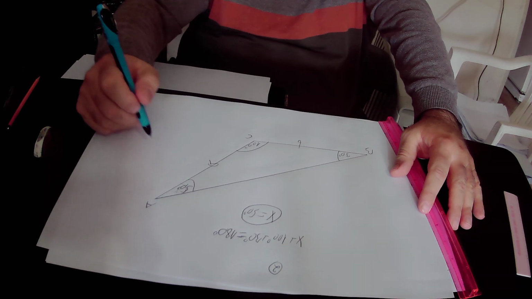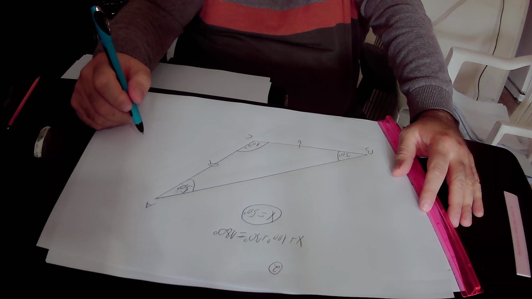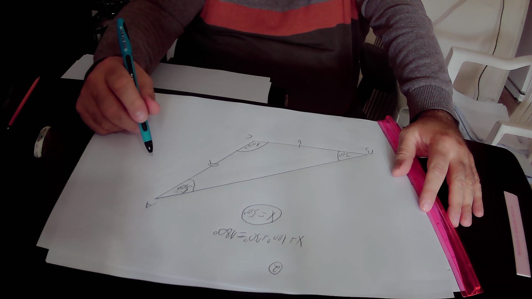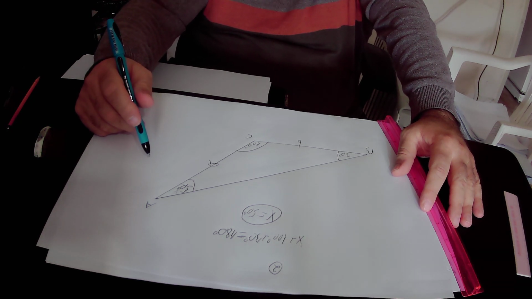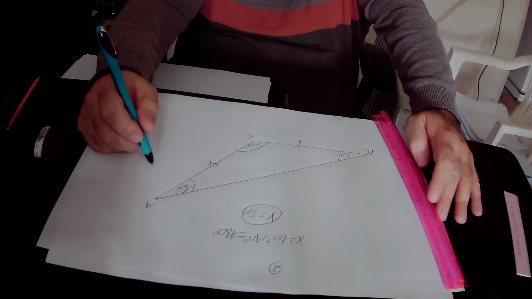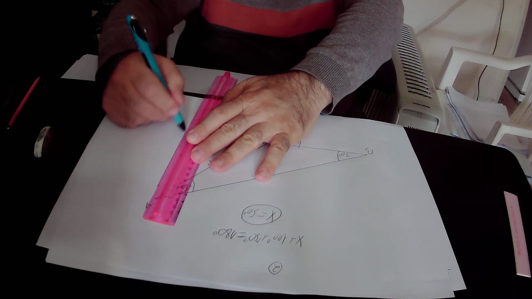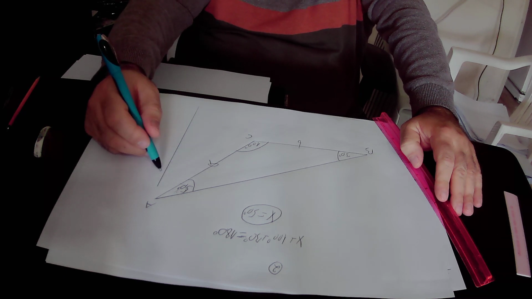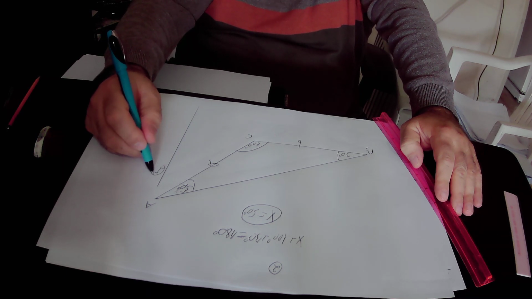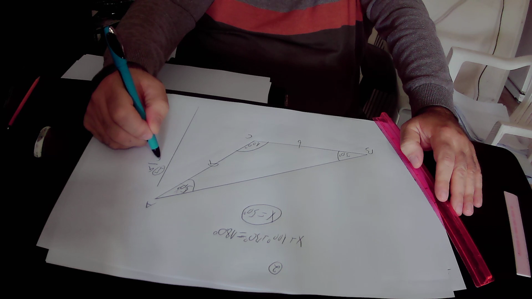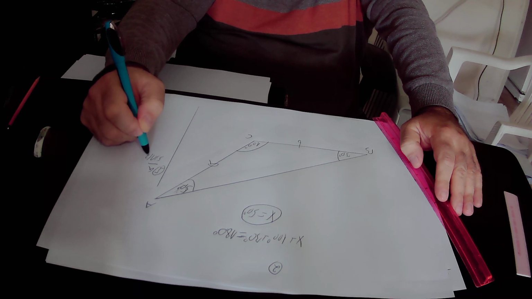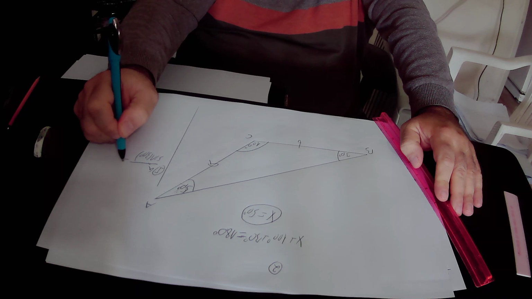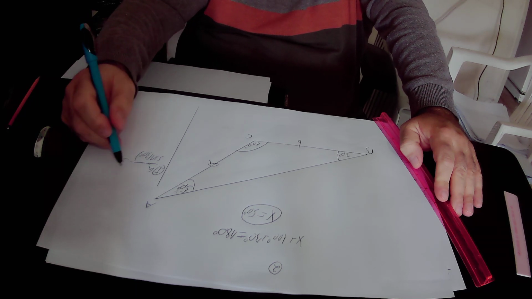In the next step, we will implement the law of sines in this triangle, triangle ABC. According to the law of sines, we will get that A over sine 30 degrees equals B over sine 50 degrees.